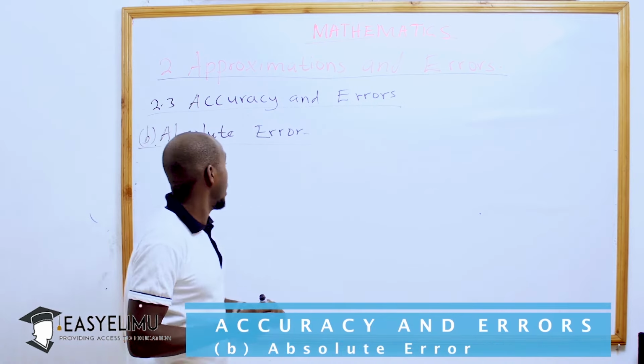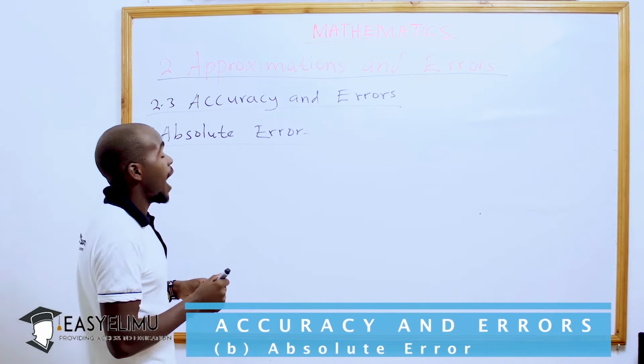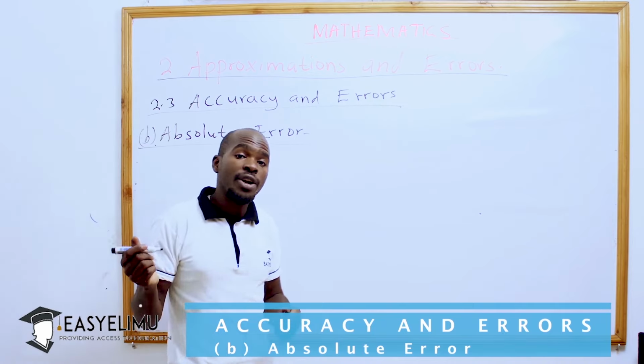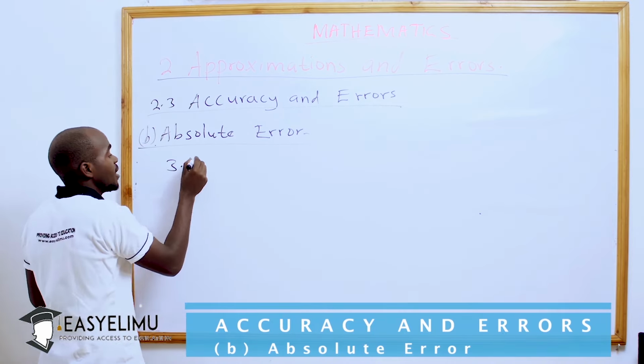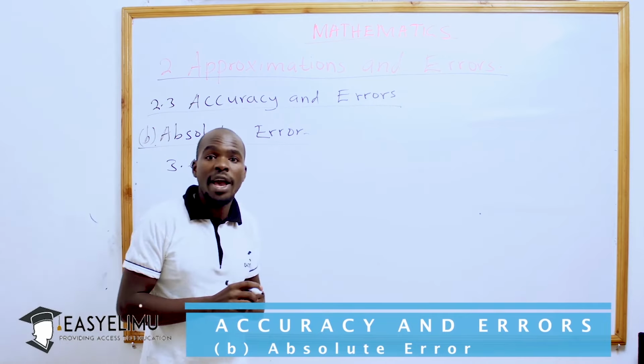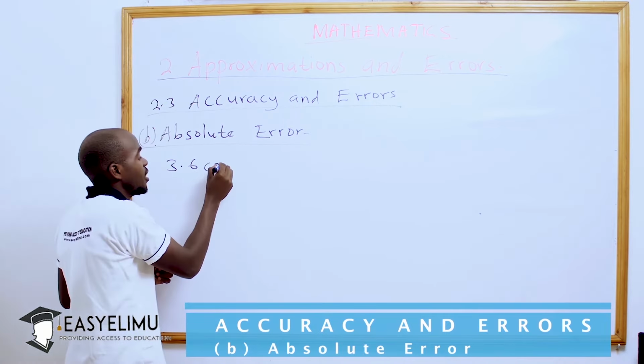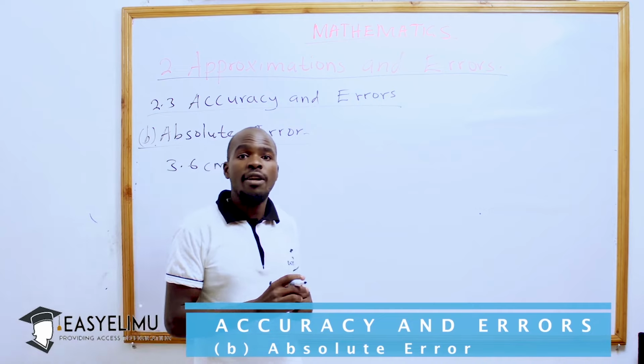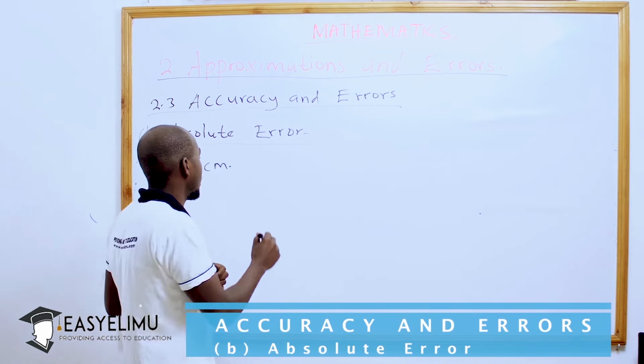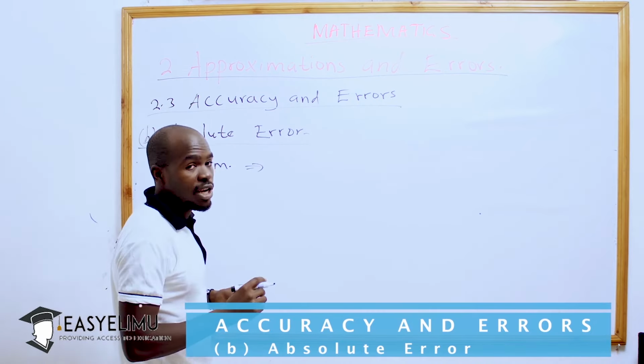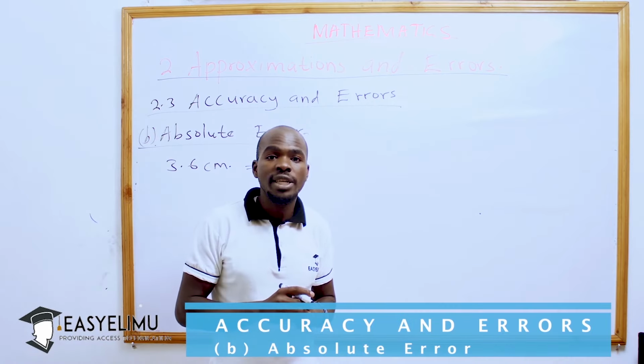So here we have absolute error, and from this we can see, for instance, we had a certain given object measured by a ruler, and we got its measurement as 3.6 centimeters. And from this we did say that this object is measured to the nearest millimeter.